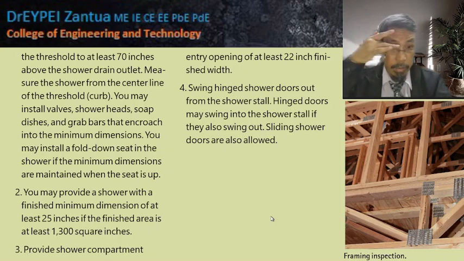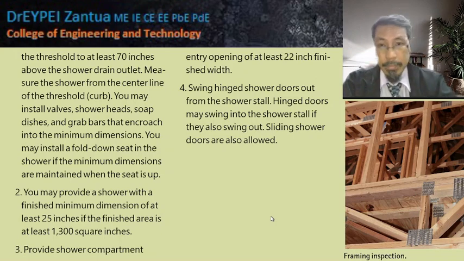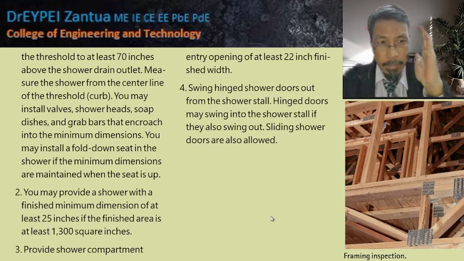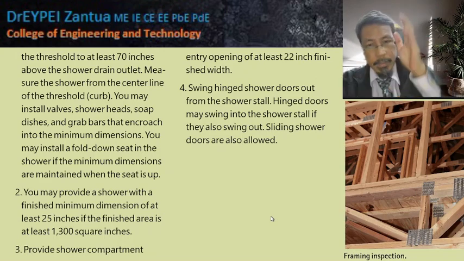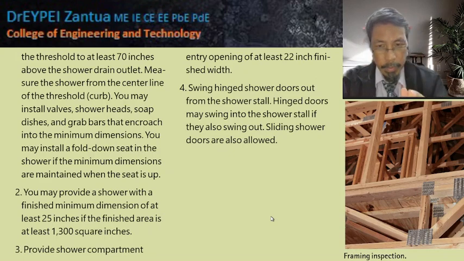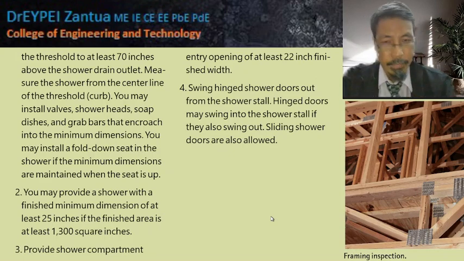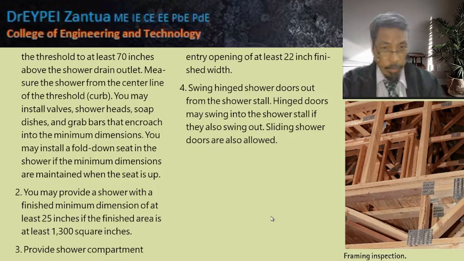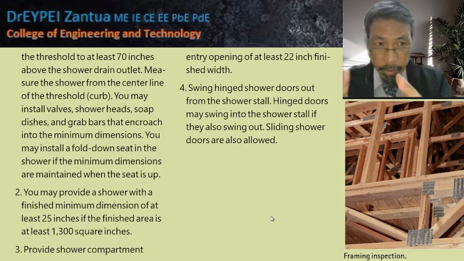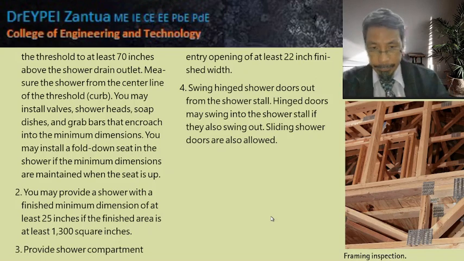Sliding shower doors are also allowed. There is no mention of this in our country. I will provide exact information and reference in the comment section below, because we are using metric SI units.